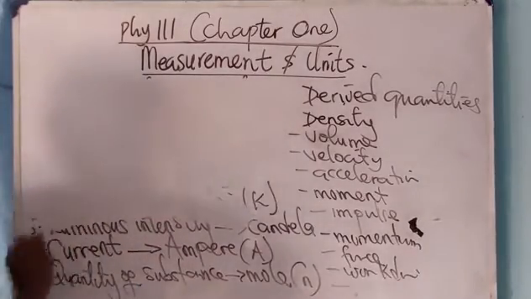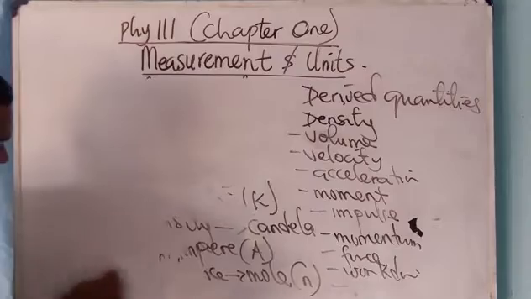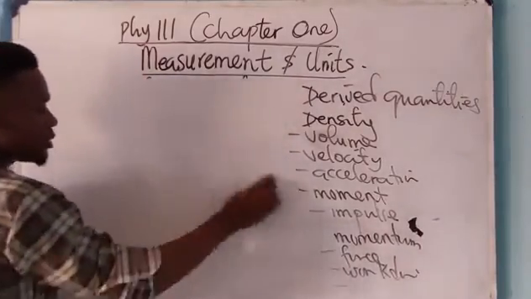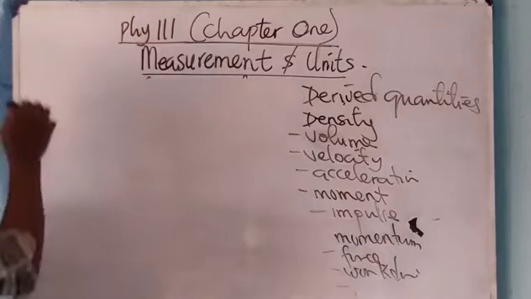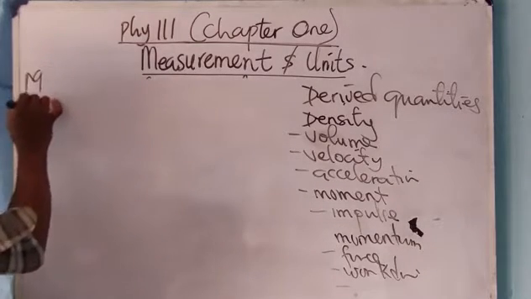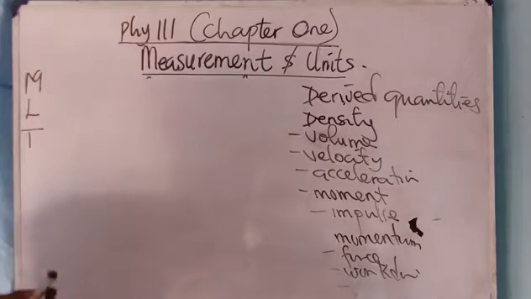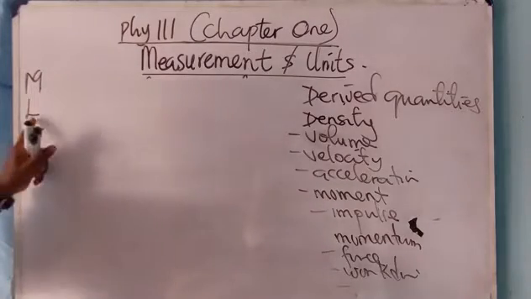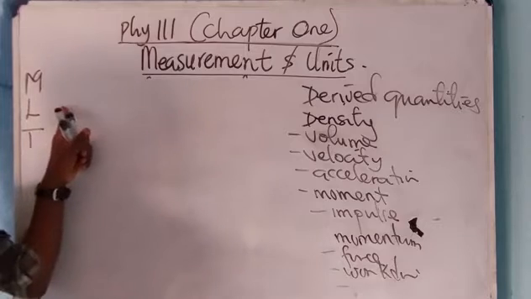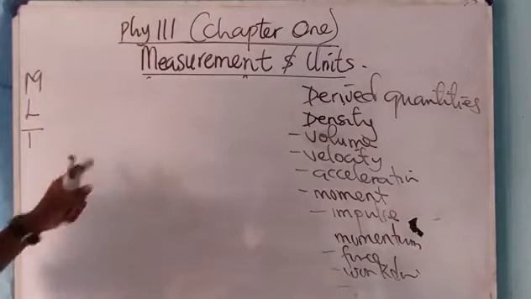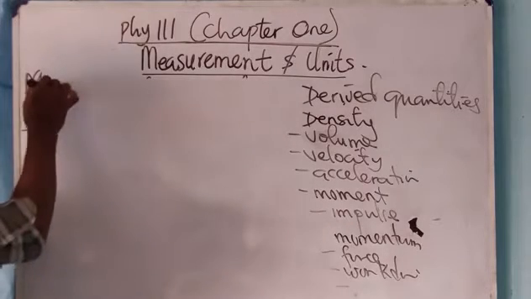In dimension regarding these quantities, we make use of big letters M, L, and T. M stands for the first letter of mass, L stands for the first letter of length, and T stands for the first letter of time.